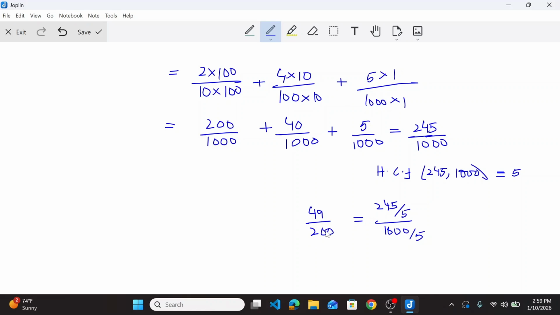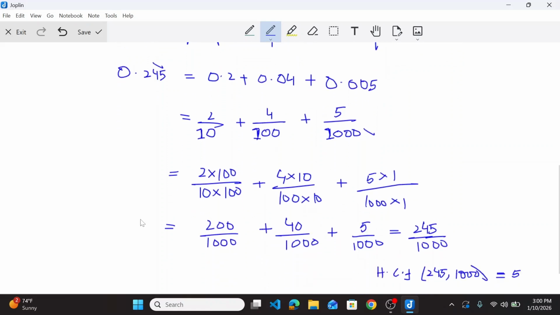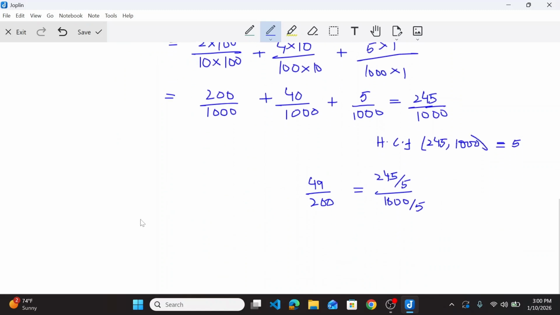There is a note that you have to just see the final digit. It's on the thousandths place, so you can easily convert it into 245 divided by 1000.